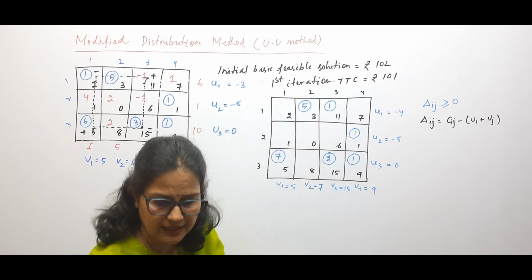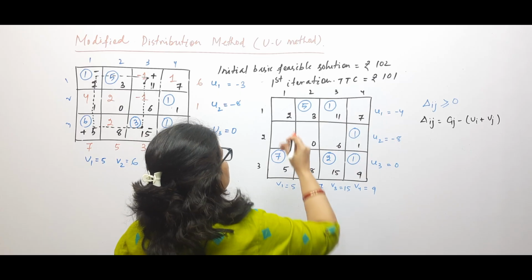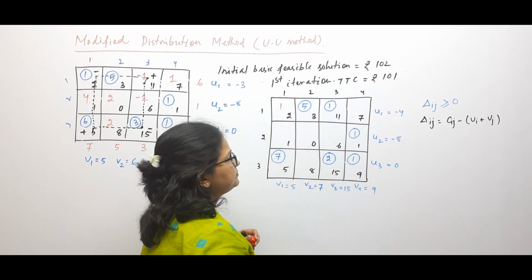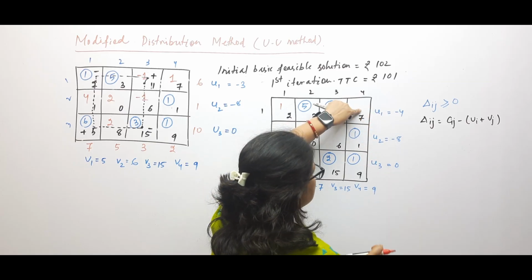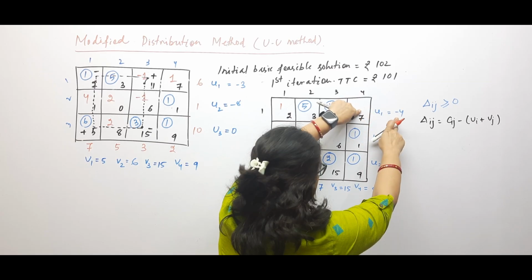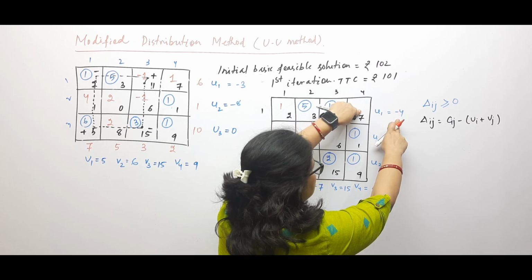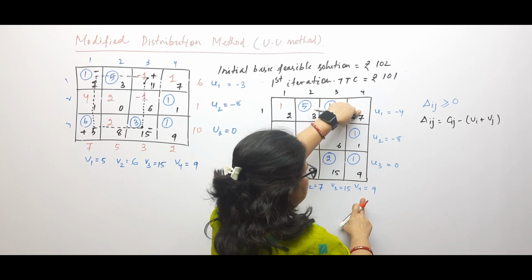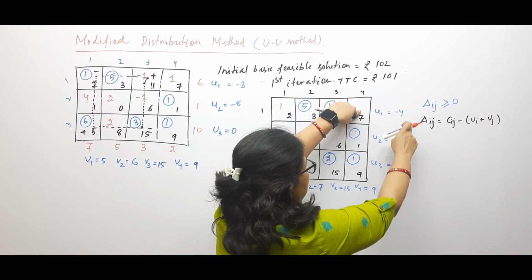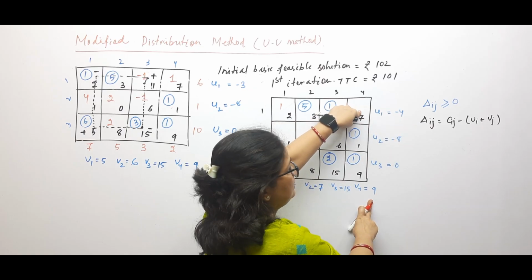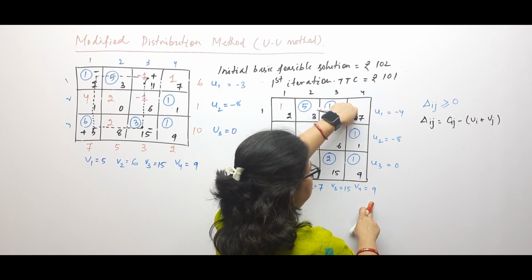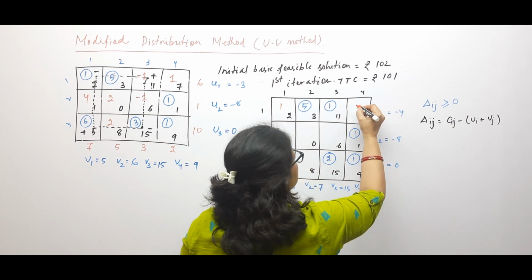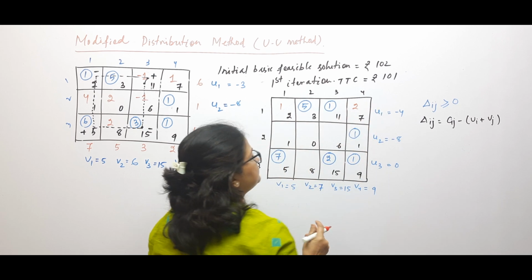So I am writing delta ij values in red color. This will be 1. For this, we can calculate U1 plus V4. That is minus 4 plus 9 is equal to 5. 7 minus 5 is 2.